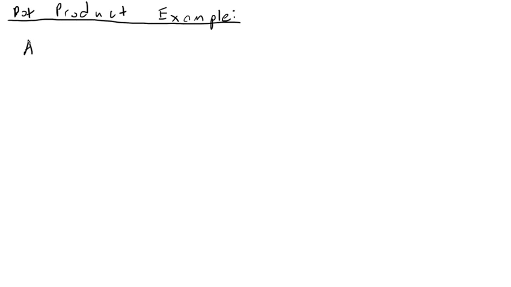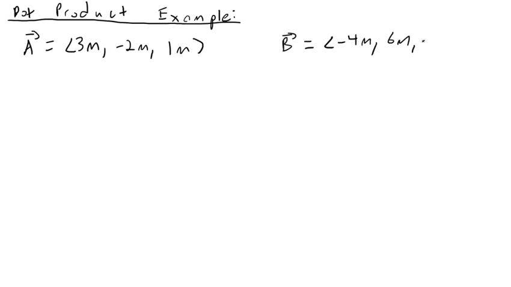Let us say vector A is equal to 3 meters, negative 2 meters, 1 meter. And vector B, again, I'm just pulling numbers out of the air, is equal to negative 4 meters, 6 meters, negative 3 meters.